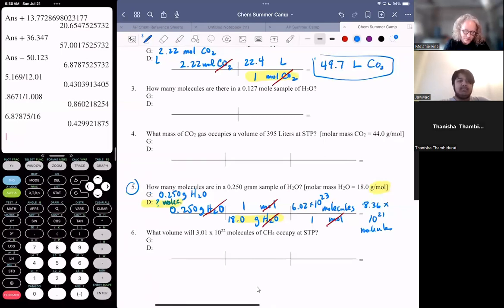Grams. Yeah. So that's what you want, and so grams is going to be over here somewhere, because that's what's left over. For 6, what are you solving for? What is volume measured in? In liters. Yeah, so it's going to be over here.